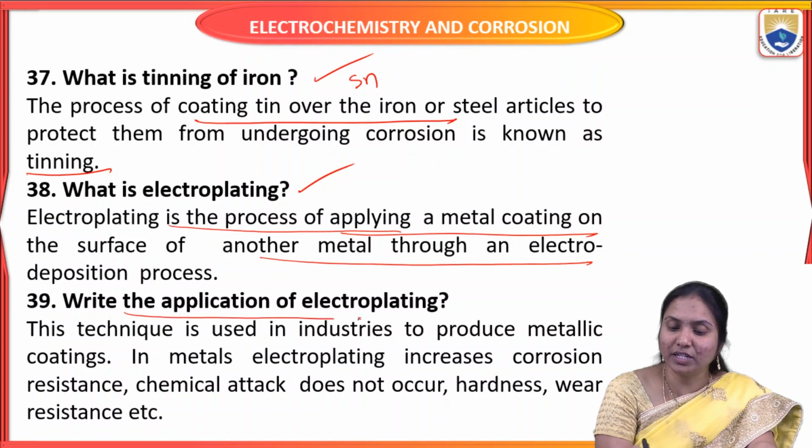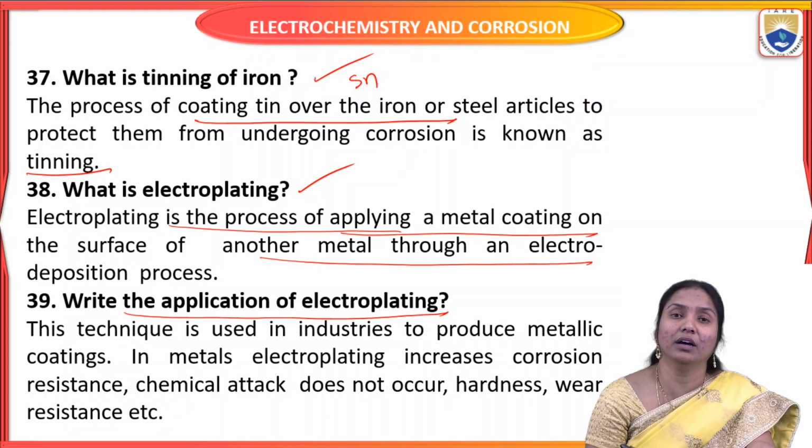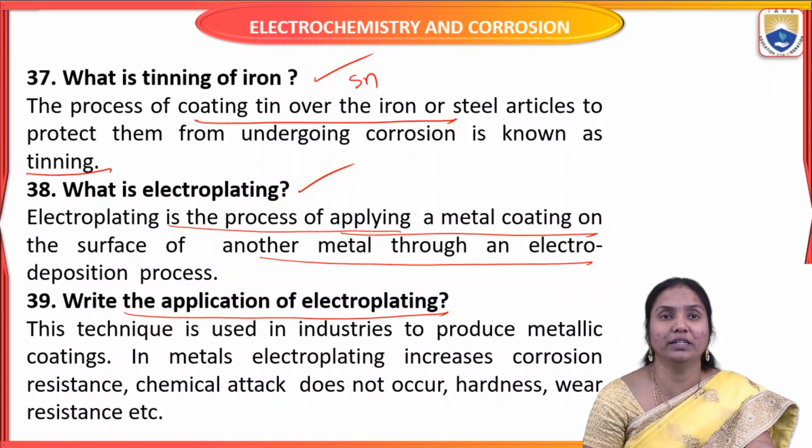And write the applications of electroplating. Electroplating means, as we already discussed, applying coating material on base metal, which we protect from corrosion. So we apply coating metal on base metal by passing electricity through the electrolyte solution.